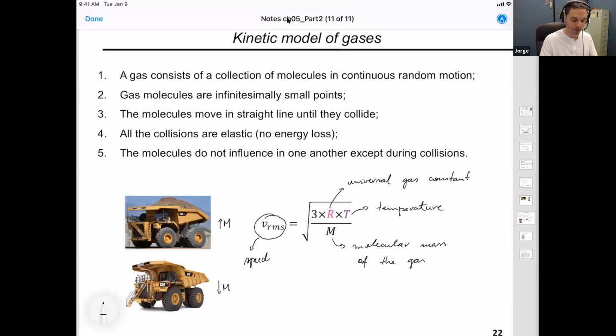And it's obvious that low molecular mass means higher average speed, and higher molecular mass means a lower molecular speed. Okay, so you have to be able to look at the equation and make these correlations and compare different things and predict what is the behavior.